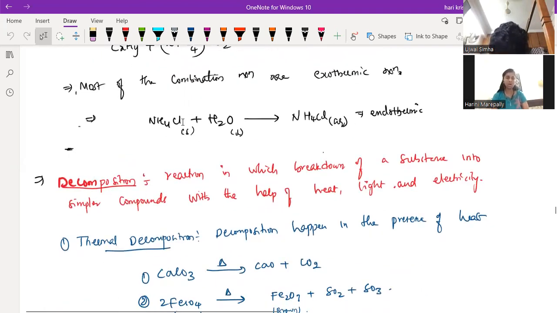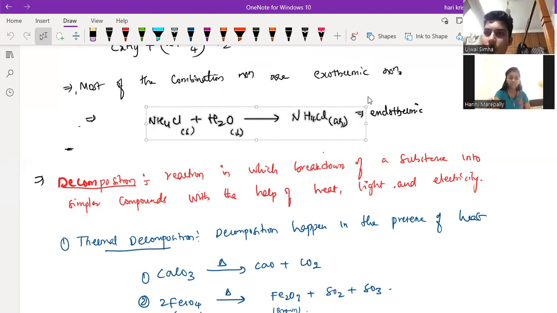But one of the combination reactions is an endothermic process. This is also one of the previous year questions. NH4Cl. What is the name for the NH4Cl? So can you repeat? What is the compound name? NH4Cl.